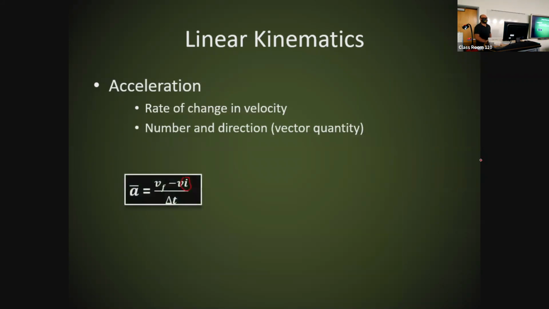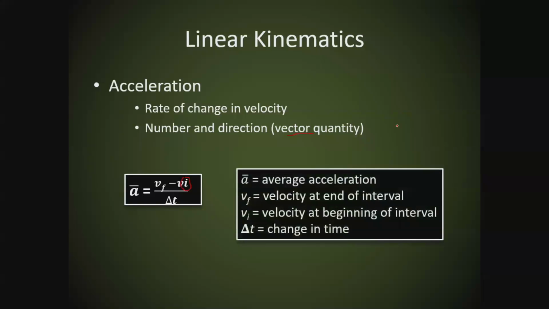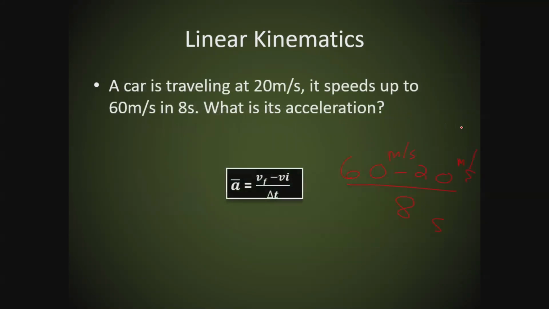Speaking of acceleration, it is the rate of change in the velocity. So the number and direction, and this can be summed up also as a vector. Again, another time interval there. The examples we had: a car traveling 20 meters per second speeds up to 60 meters per second within an 8-second time frame.